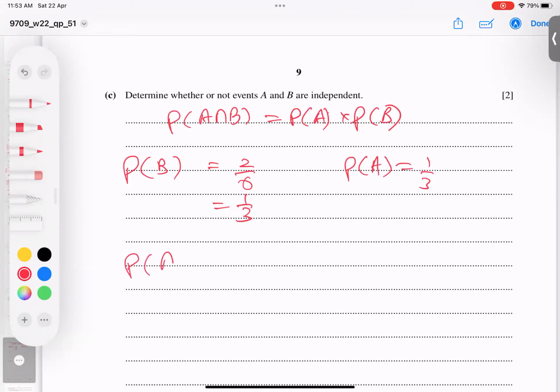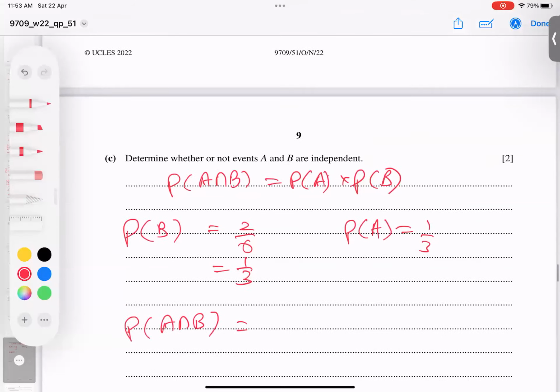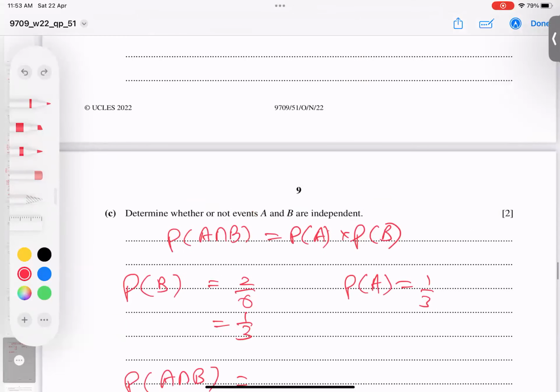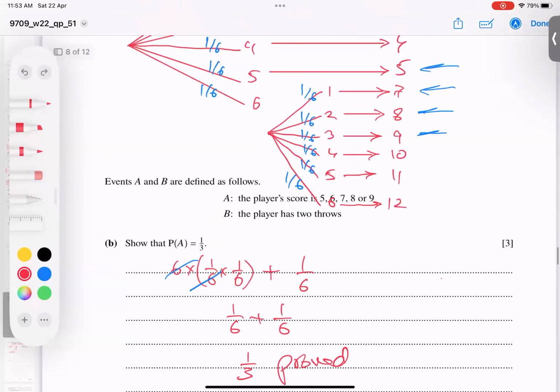What is missing? Probability of A intersection B is missing. What does A intersection B mean? That A and B come together. Together means that both events occur together. If you read the statement, he's getting a 5, 6, 7, 8, 9 score, but with 2 throws.